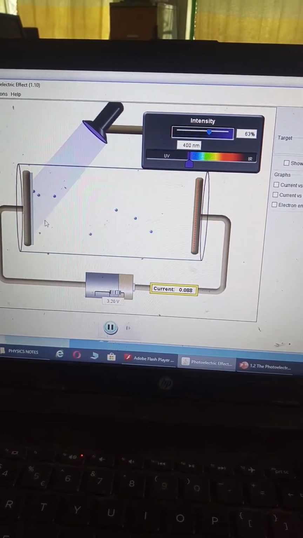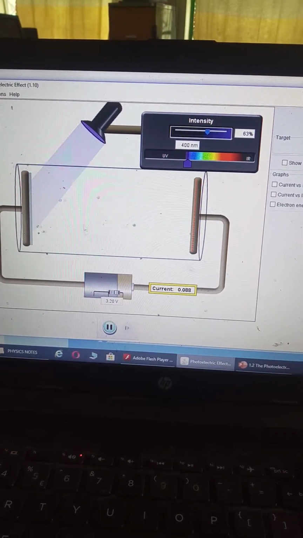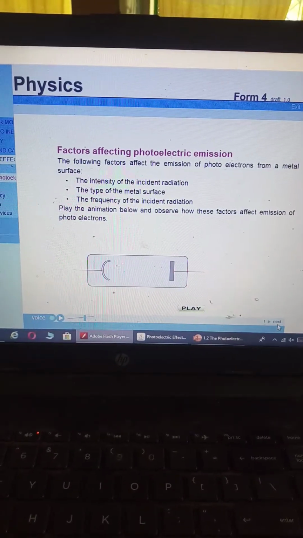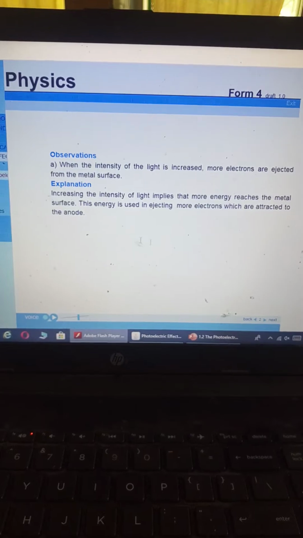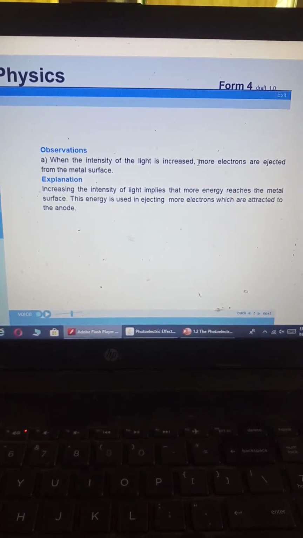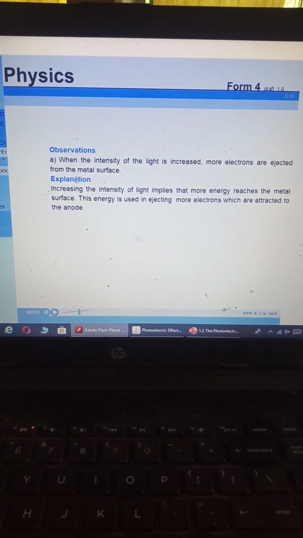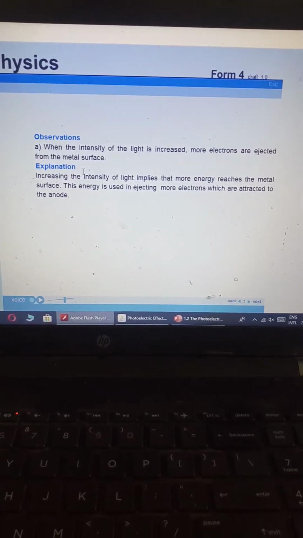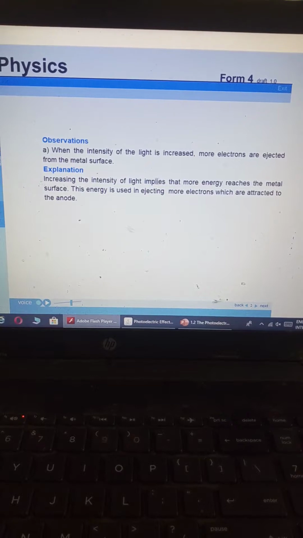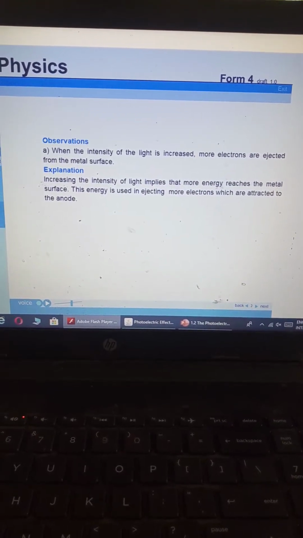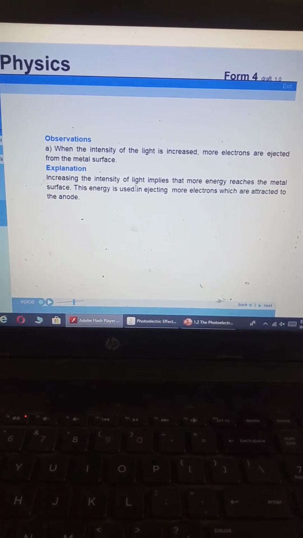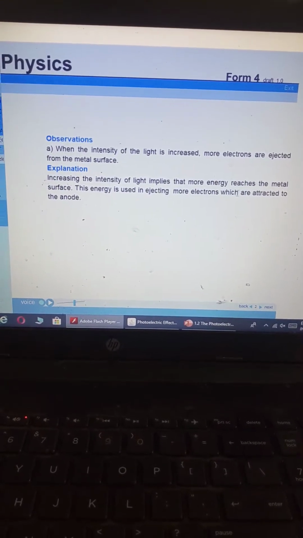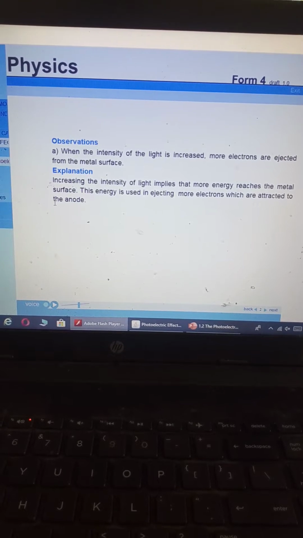You will see more electrons are ejected. When the intensity of light is increased, more electrons are ejected from the metal surface. Explanation: increasing the intensity of light implies that more energy reaches the metal surface. The energy is used in ejecting more electrons, which are attracted to the anode.